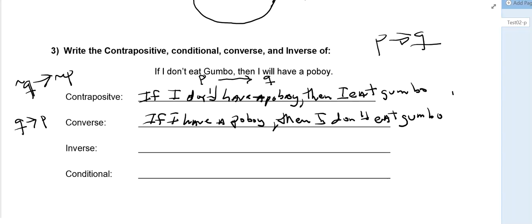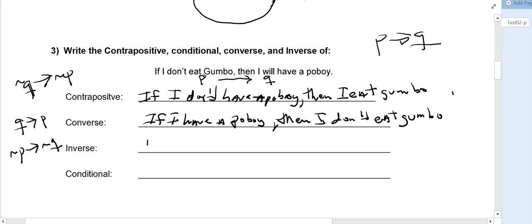The inverse, you leave them in place, but you negate them. So I'm going to leave them in place, but I'm going to take the opposite. So if the opposite of I don't eat gumbo is I eat gumbo, then I'm going to negate I will have a po' boy, I won't have a po' boy.